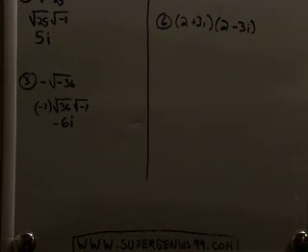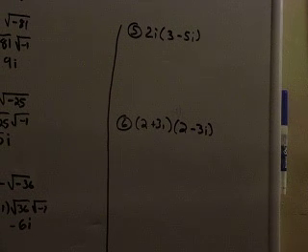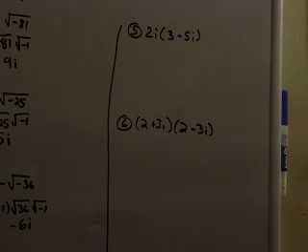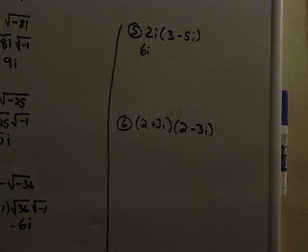Let's look at number 5. Number 4 there. Well, it says 5 on the board, that's fine. We have 2i times 3 minus 5i. So here we just distribute. So 2i times 3 is 6i. And 2i times negative 5i is negative 10i squared.